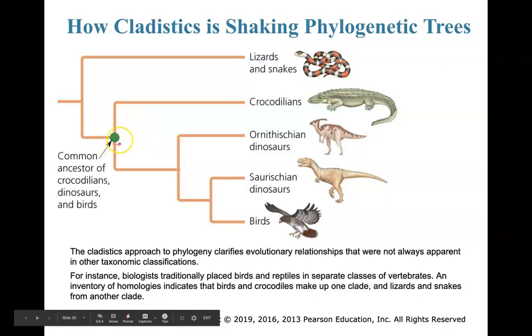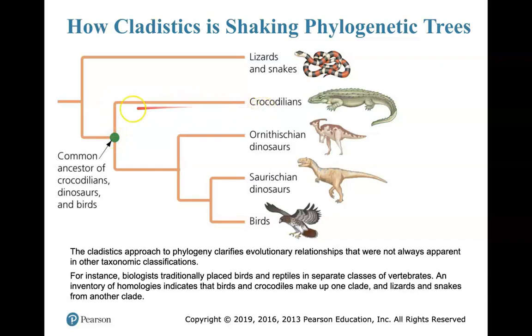There's a common ancestor highlighted in green here. Everything to the right of that common ancestor is related. Crocodiles are shown there. If I go to the other branch, I've got dinosaurs. If I go to the other branch, I have more dinosaurs, and I have birds. I went to crocodiles, dinosaurs, and birds. Notice that I didn't go to lizards and snakes.